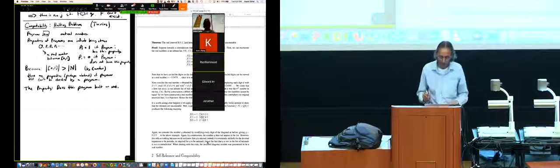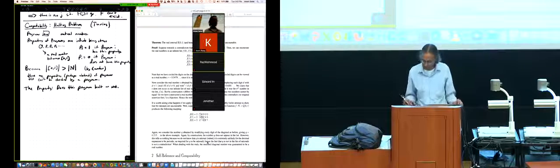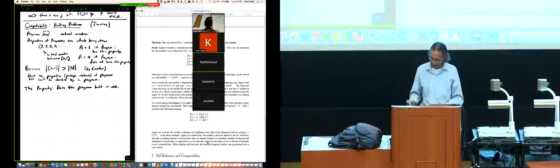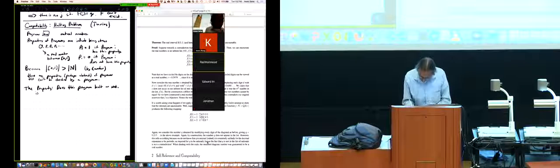Does it go into an infinite loop or some kind of other infinitely long computation, or does it actually terminate at some point? This property is uncomputable.